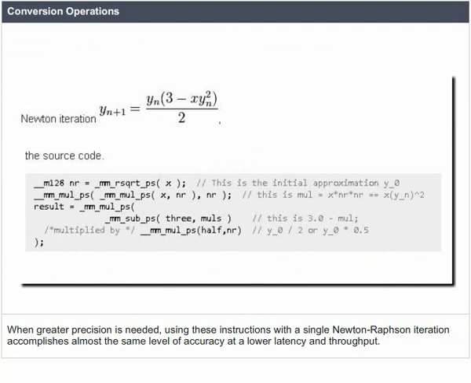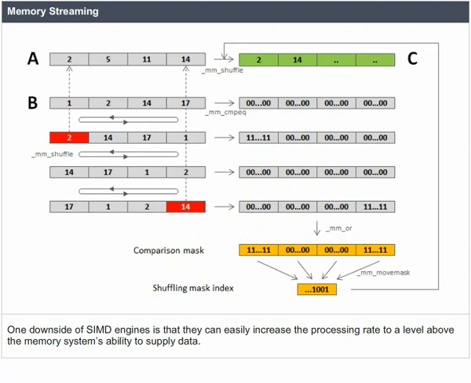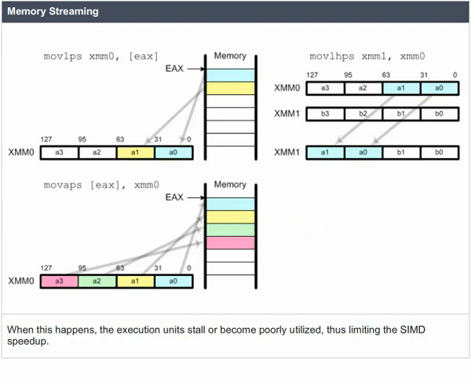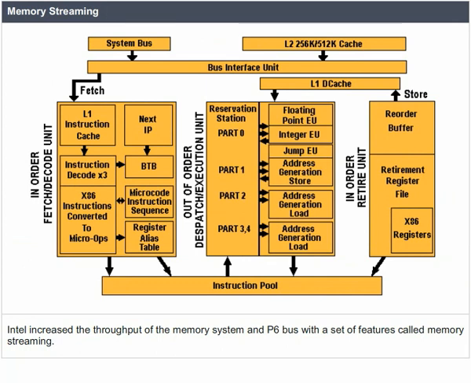Memory streaming. One downside of SIMD engines is that they can easily increase the processing rate to a level above the memory system's ability to supply data. When this happens, the execution units stall or become poorly utilized, thus limiting the SIMD speedup. Intel increased the throughput of the memory system and P6 bus with a set of features called memory streaming.